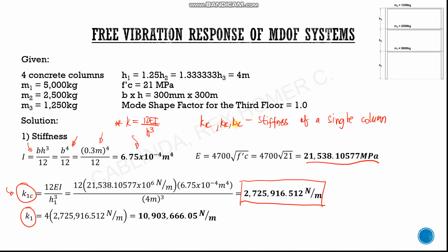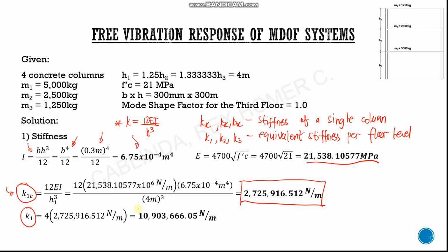We're talking about the stiffness of a single column. If there is no C, like K1, K2, and K3, we use these terms to denote the equivalent stiffness of the columns per floor level.